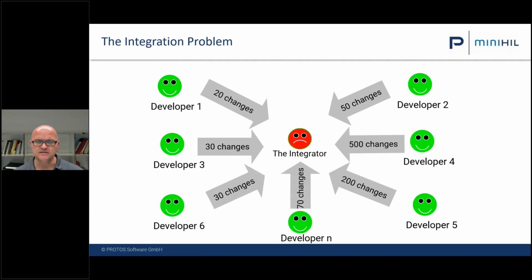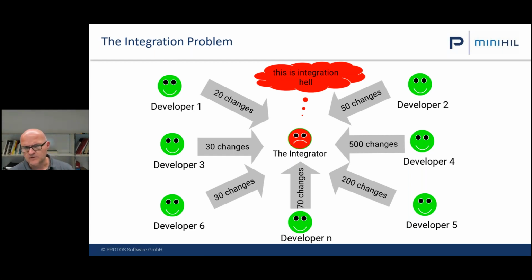And in the end, the integrator thinks that's integration hell. And that's exactly this situation when everybody throws his changes in maybe 5 minutes before the release, maybe 2 days after the release. We've been there all.